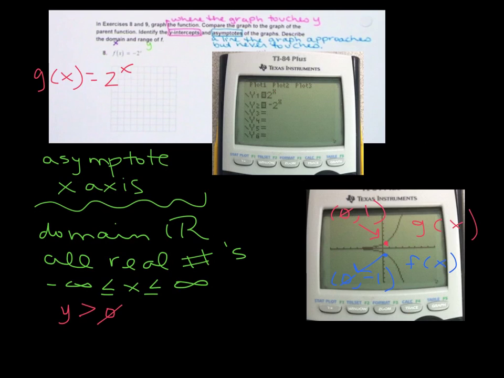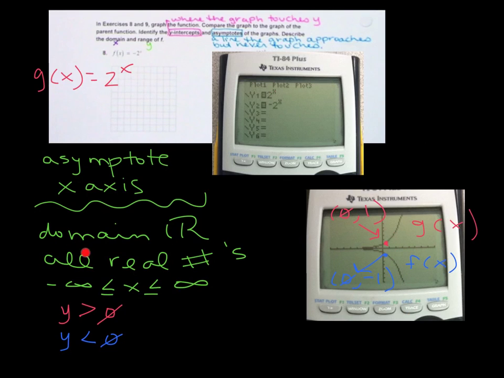That means it's all the positive values, not including 0. Now, on the other side of that, your other function, y equals negative 2 to the x power, goes in a downward motion, which means that y has to be a negative number. So y would always be less than 0 for the given function.